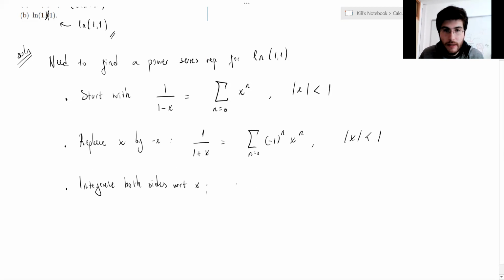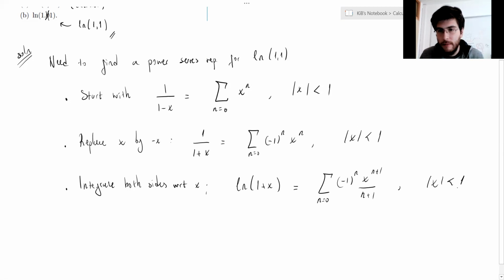If you do this, then you have ln 1 plus x on the left-hand side, and on the right-hand side, remember, term-by-term integration. Let's do this. Minus 1 to the n, x to the n plus 1 divided by n plus 1. Is that correct? Remember, we did this before. We have more or less the same kind of interval of convergence.